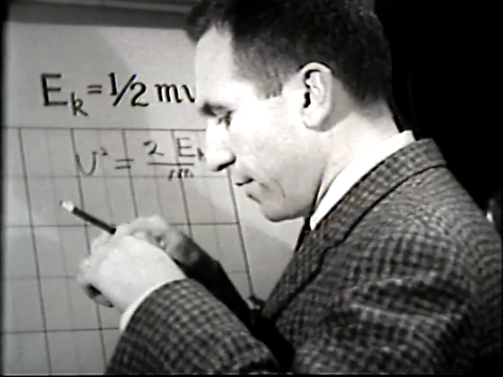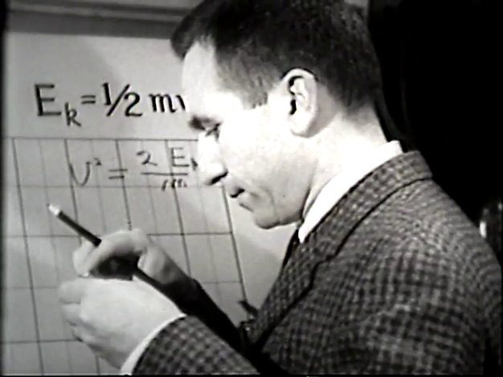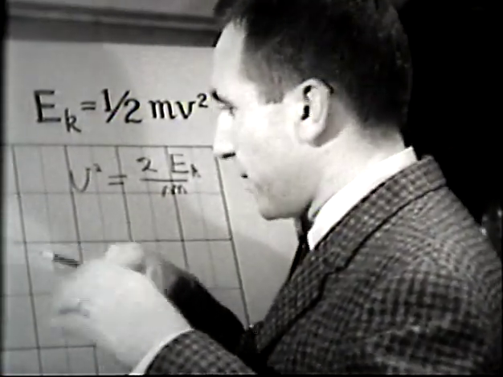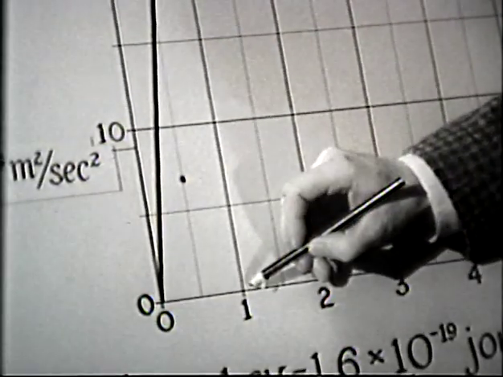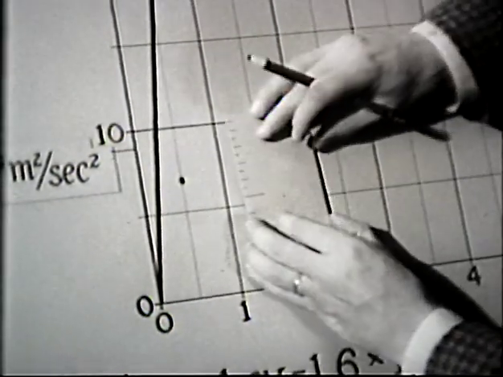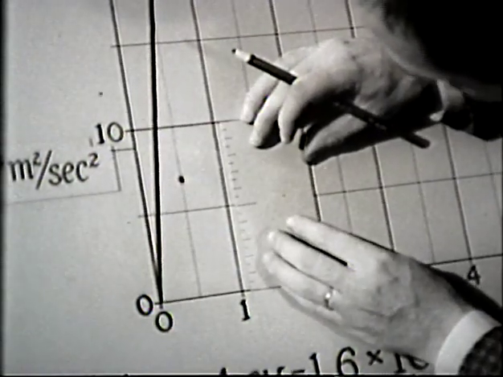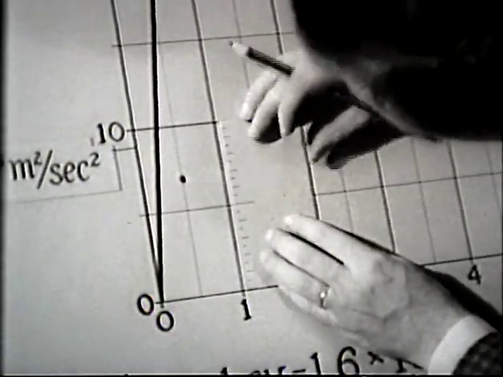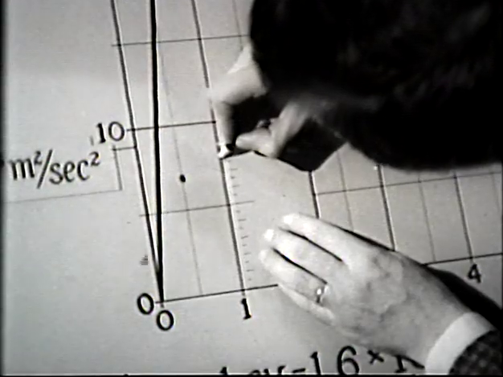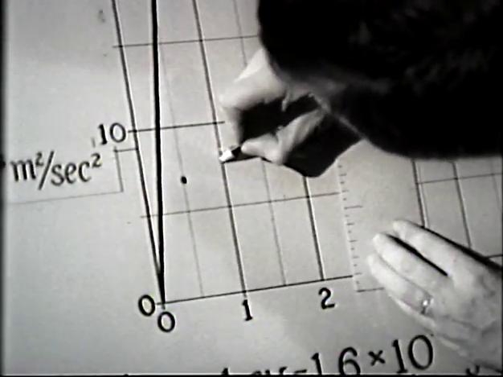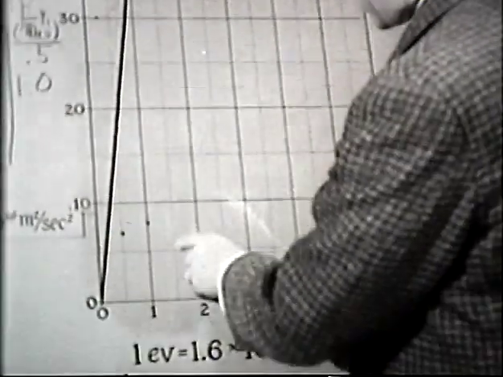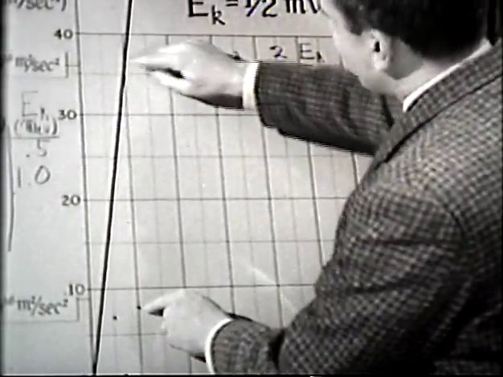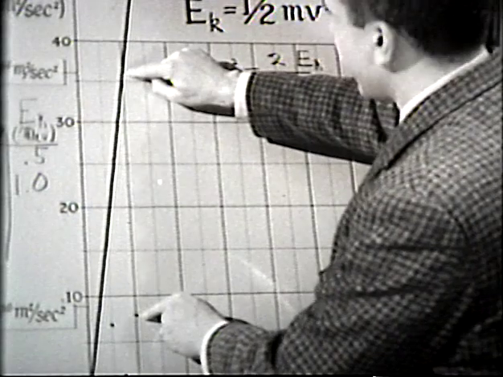The speed squared is about 7.8. At 1 MeV, 7.8 times 10 to the 16th meters squared per second squared plots about here. This result is even further from the prediction of Newtonian mechanics.